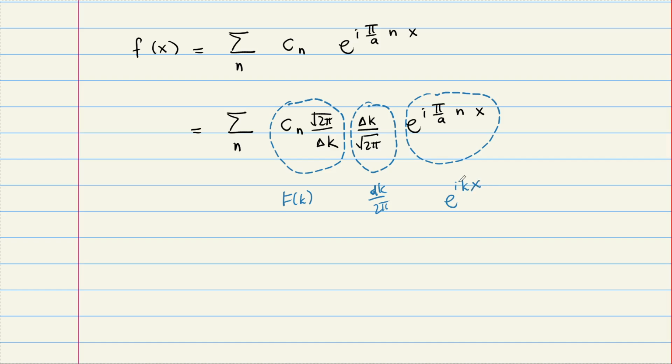Is that okay? And as a goes to infinity, this thing is going to go to an integral from minus infinity to plus infinity. This is dk over root 2 pi. This is f of k, the Fourier transform, and this is e to the i k x. Actually, let's write an equation. So this is f of x.